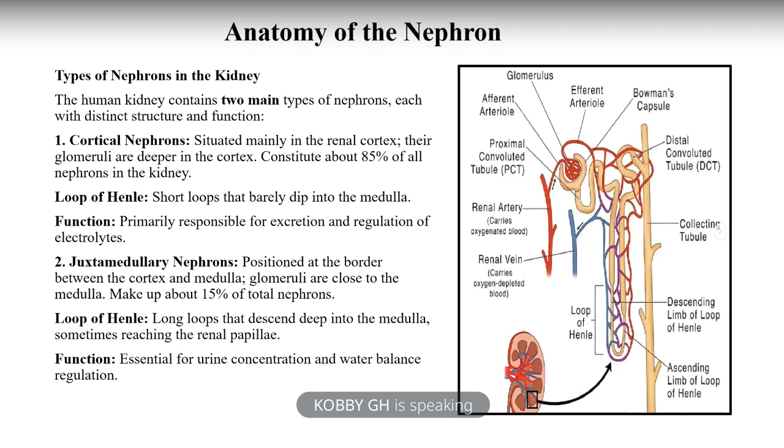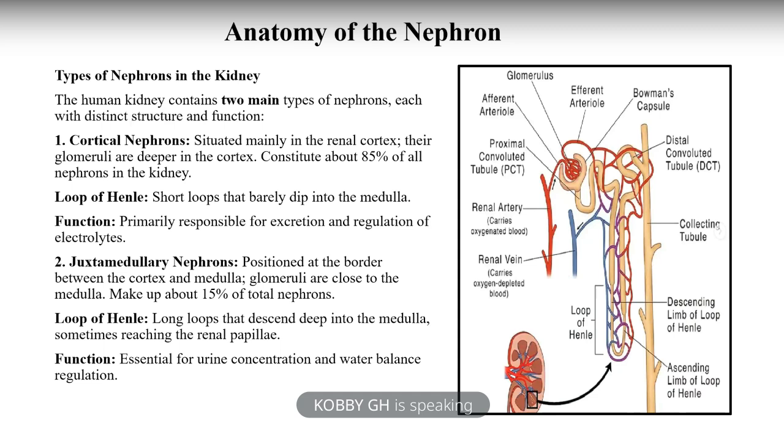However, if you compare cortical nephrons to juxtamedullary nephrons, cortical nephrons have a less important role when it comes to producing highly concentrated urine. Why is it so? Their loops of Henle are very short.